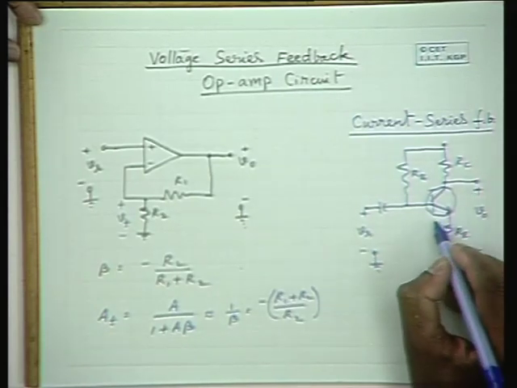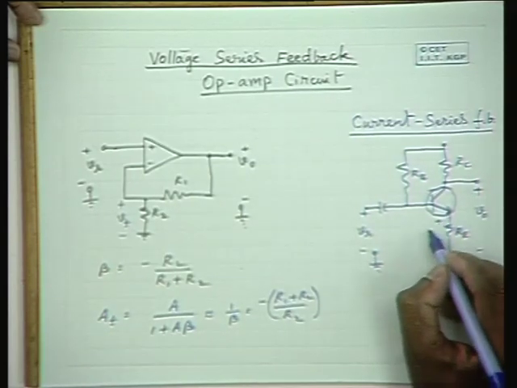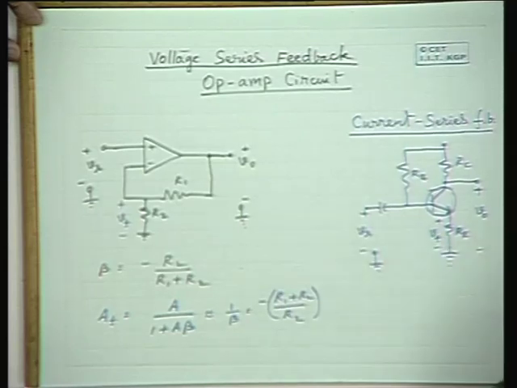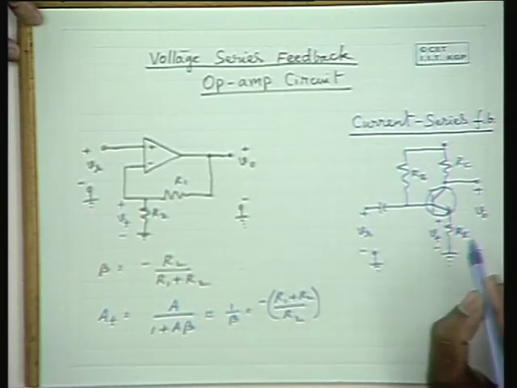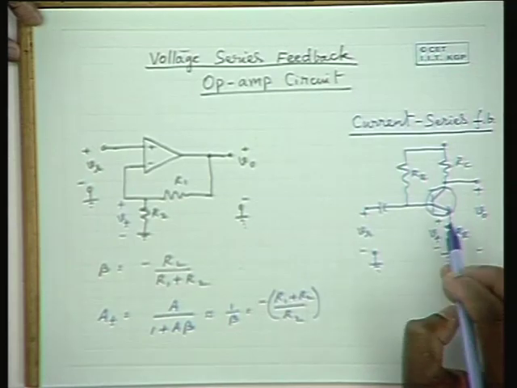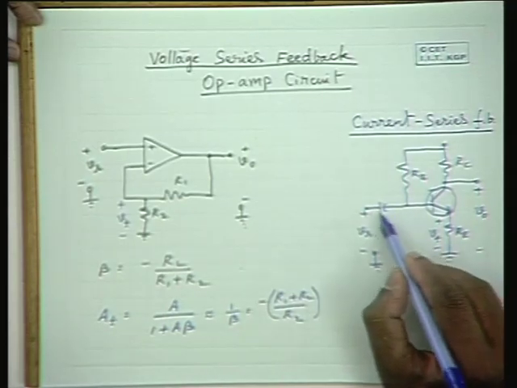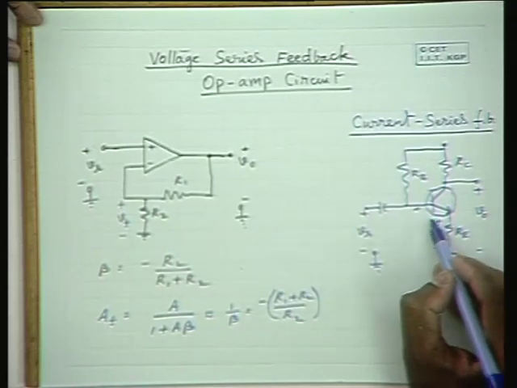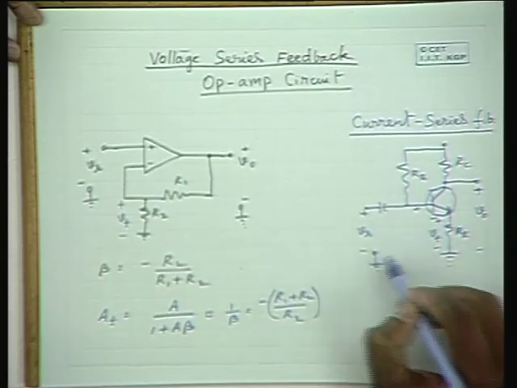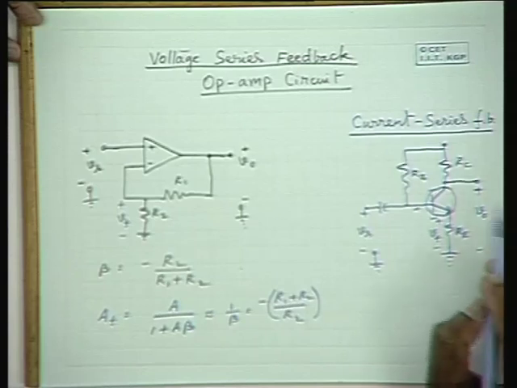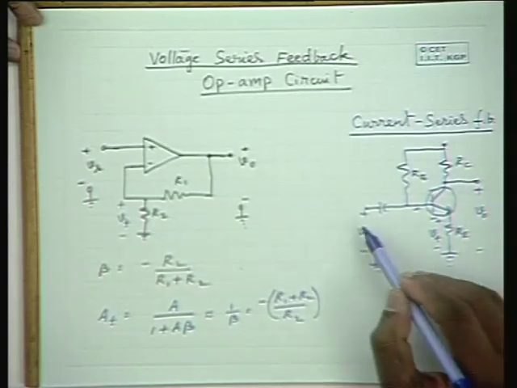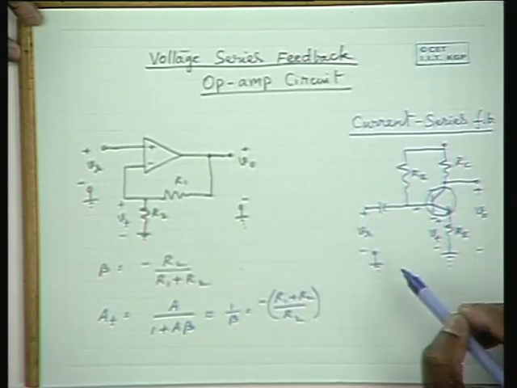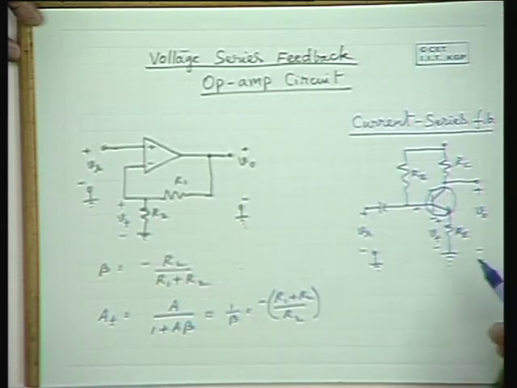Please note that a voltage of amount equal to Vf is being fed back in series with the input. The base to emitter potential here is the input minus Vf. Therefore, that Vf is appearing in series with the input. So definitely it is series feedback.